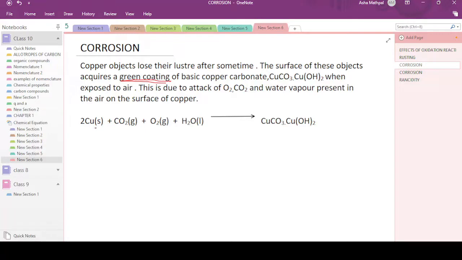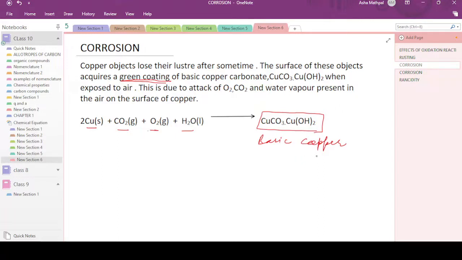So copper, when left exposed to the air, reacts with the carbon dioxide, also with oxygen and the water vapor which are always there in the atmosphere around us, and they together form CuCO3.Cu(OH)2. So this is the basic copper carbonate, which is the product of the corrosion of copper.